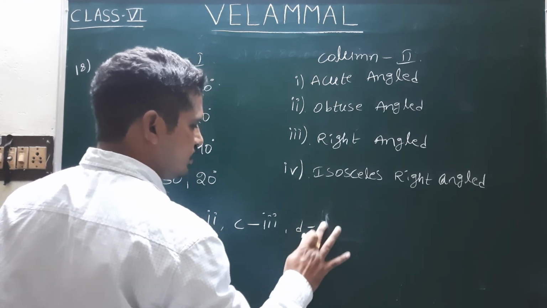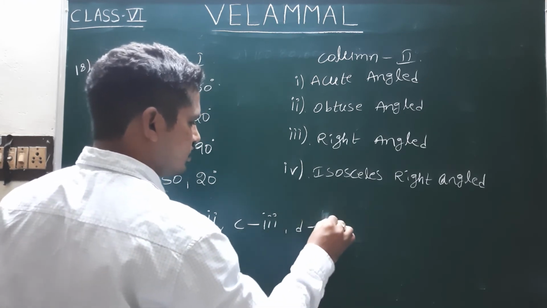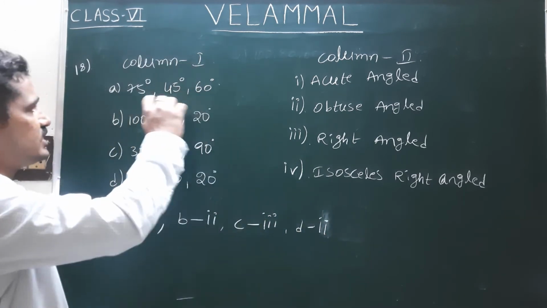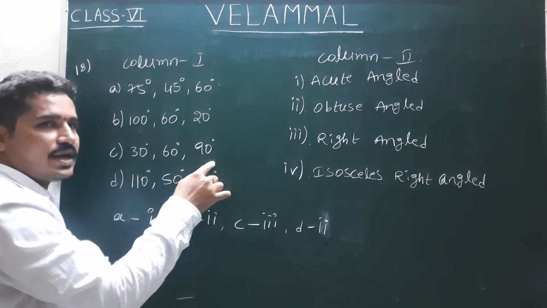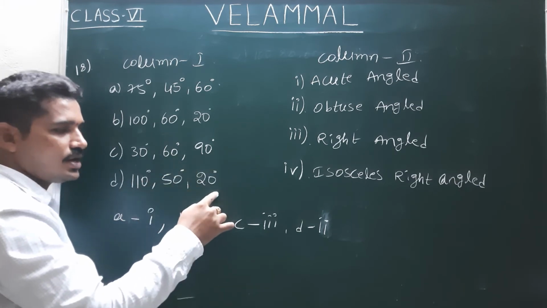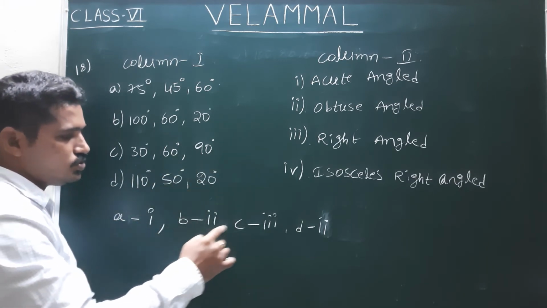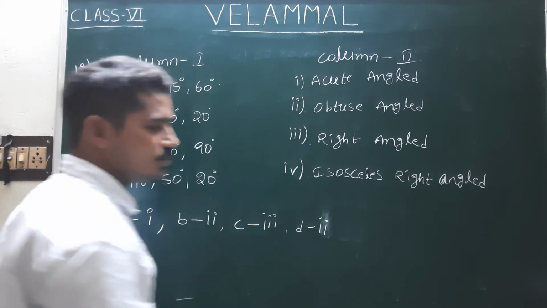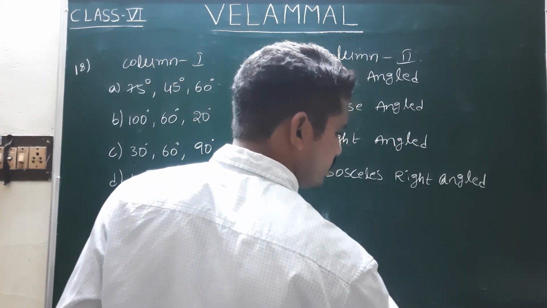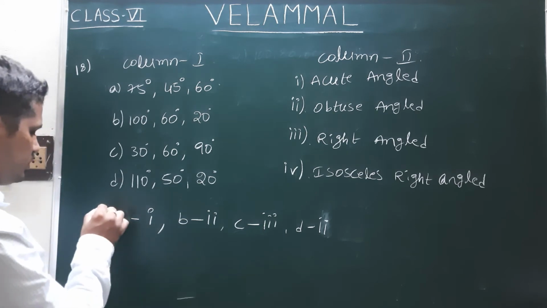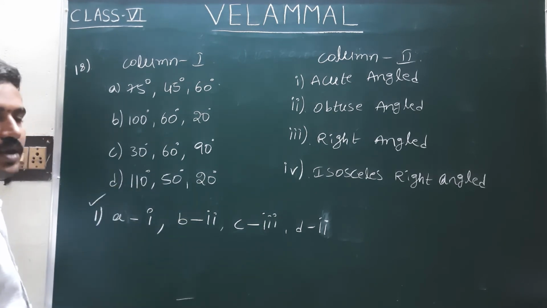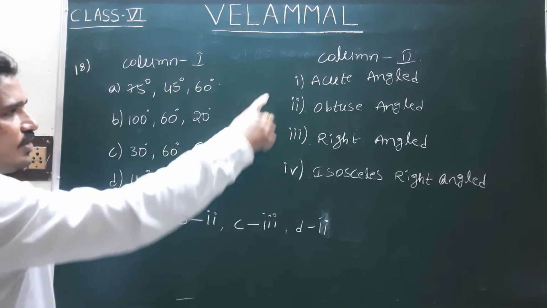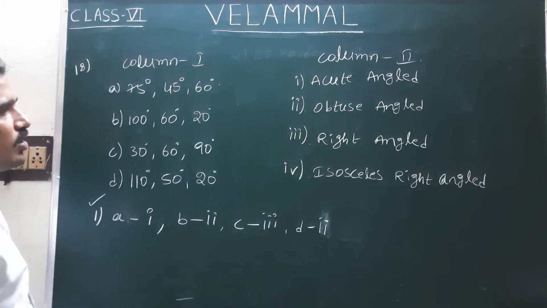So A is an acute angle triangle, B is an obtuse angle triangle, C is a right angle triangle, and D is an obtuse angle triangle. So 1, 2, 3, 2 is our option. In our textbook we have this as option 1. Option 1 we can take as correct. So based on the angles we are giving the types of the triangle. Okay. Copy this.